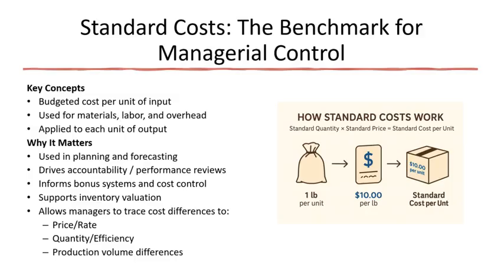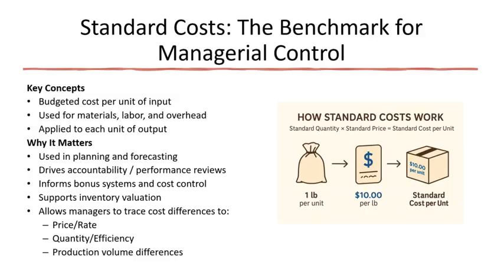Before we jump into the variances, let's take a second to understand what standard costs really are and why Sticky Oats, or any well-run company, uses them. So a standard cost is a budgeted or expected cost for a specific input, like raw materials, labor hours, or machine time.